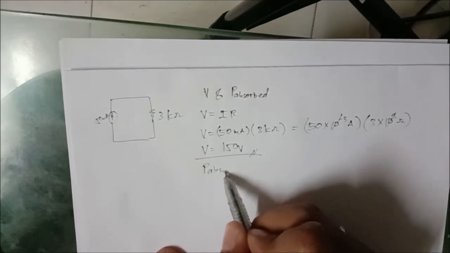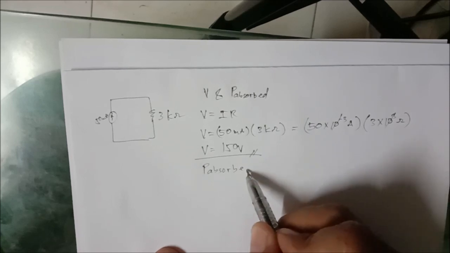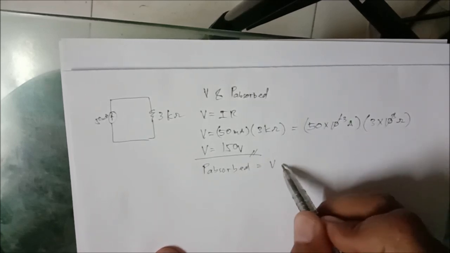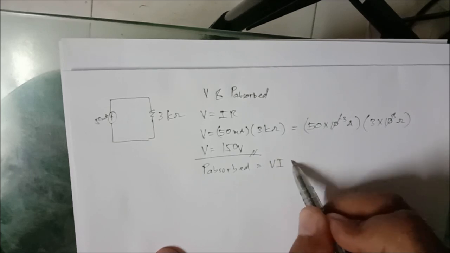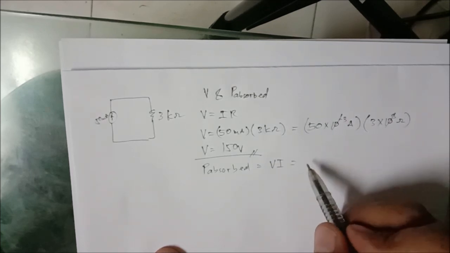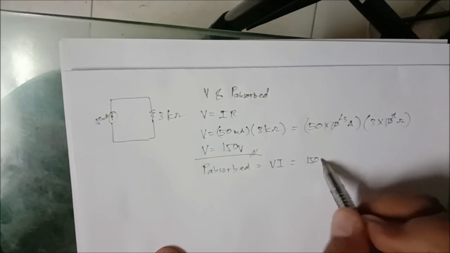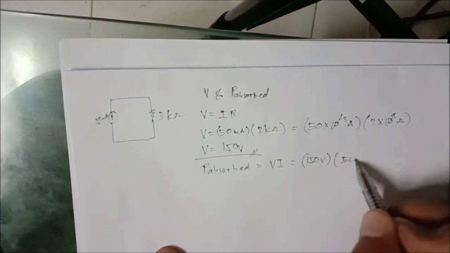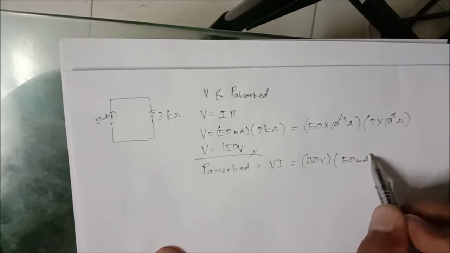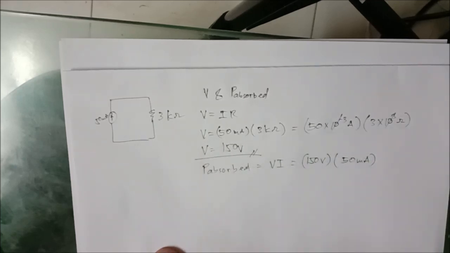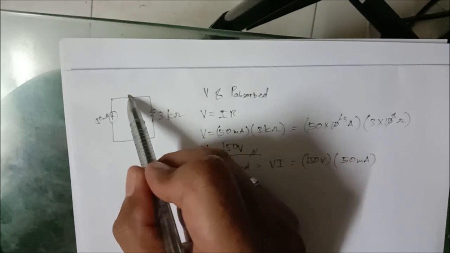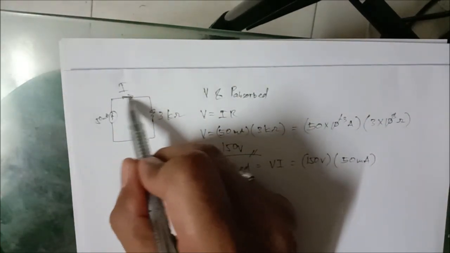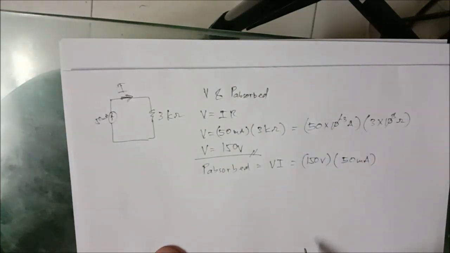Power absorbed is equivalent to, okay, voltage times I. So, voltage natin ay 150 volts. I-multiply natin ang current, 50 milliampere. So, yung voltage sa kanya is 150 volts. Tapos, yung dumaloy na current sa kanya ay is equivalent to 50 milliamperes.